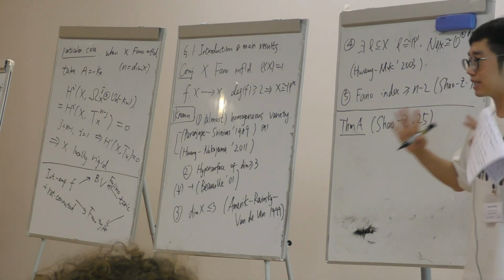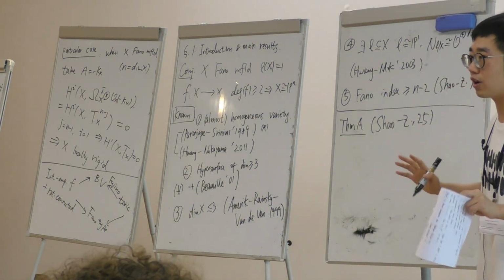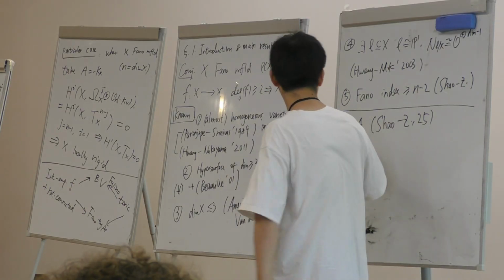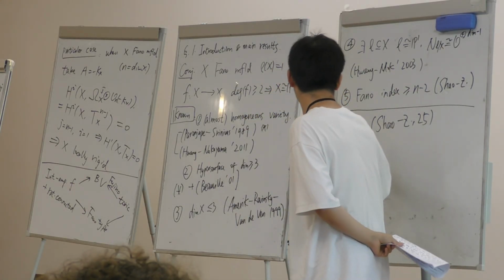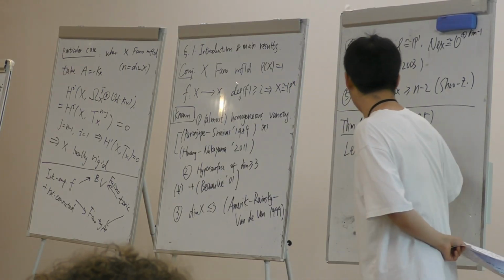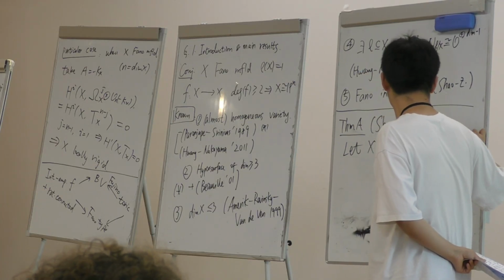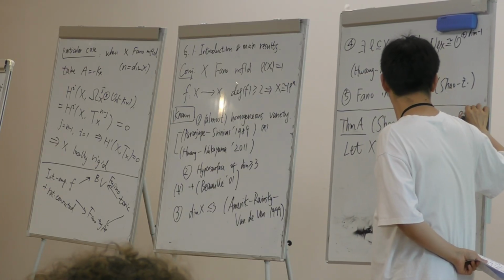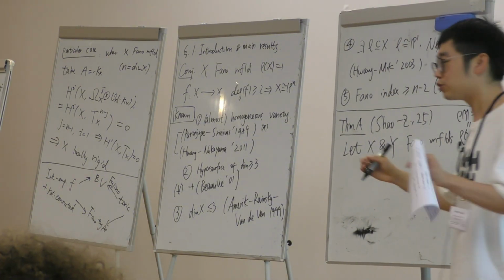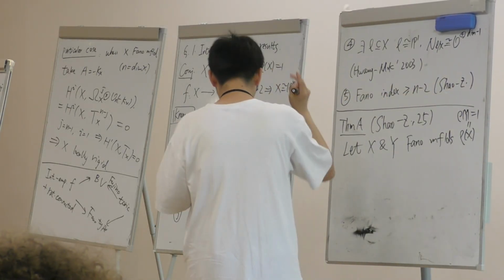I want to carefully explain this later on, but first of all, let me write down the assumption. Okay, so we consider two Fano manifolds of Picard number 1. So let X and Y be Fano manifolds of Picard number 1. Then we want to understand the finite morphism between X and Y. Okay. So there are two assumptions.